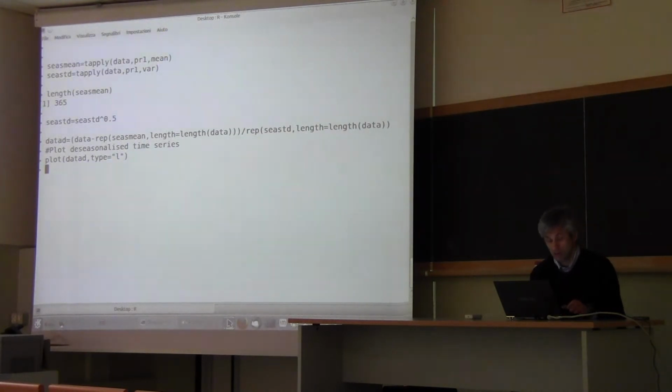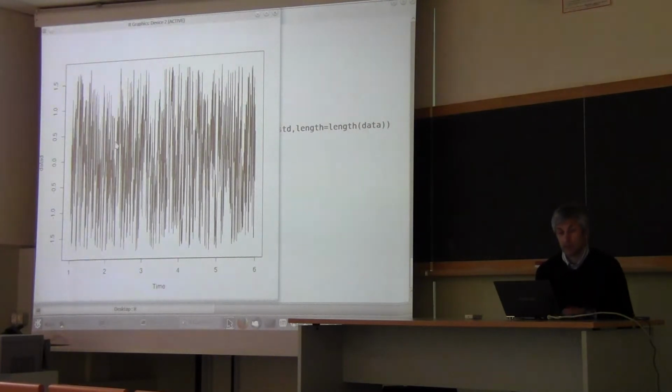Okay, and now the plot of the deseasonalized data. Here is the plot, and if you compare the plot with the previous one, first of all you may see that the data were scaled, and this is to be expected. I told you that the resulting deseasonalized series has zero mean, and probably I didn't tell this yesterday, a standard deviation of 1.